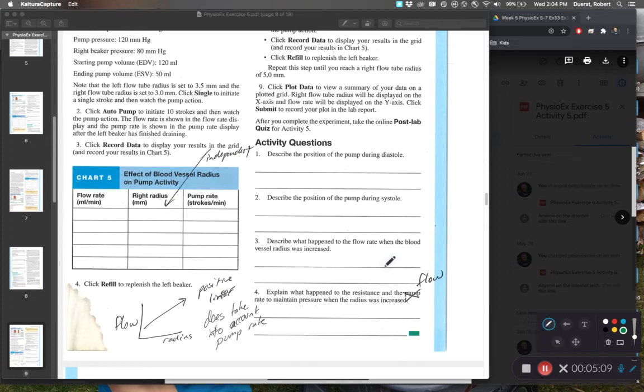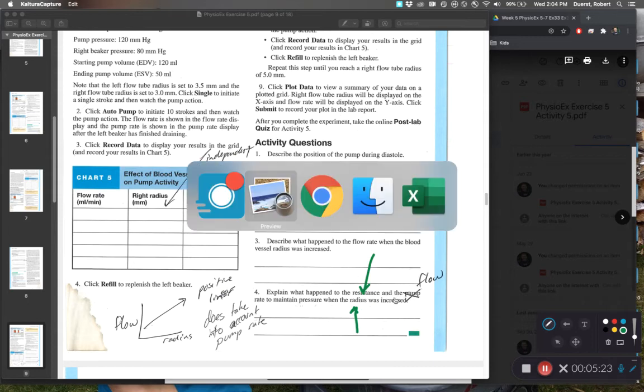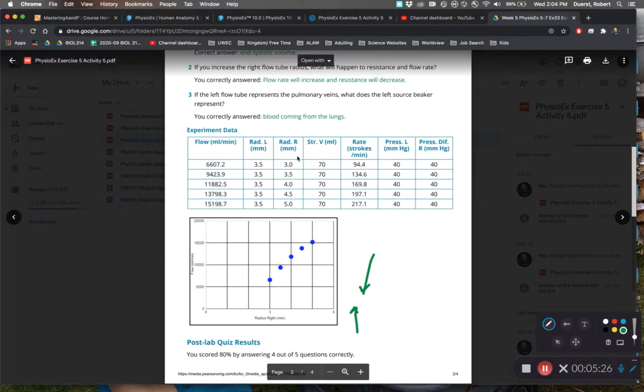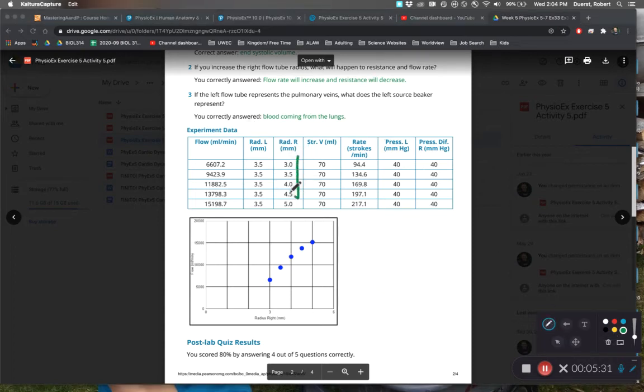If we think of radius, increasing the radius is going to reduce resistance. And if we have less resistance, it's going to be easier to push blood out of the heart. As we look at our data, if radius increases, we have less resistance, and the amount of blood being ejected from the heart per contraction will increase because there's less peripheral resistance.